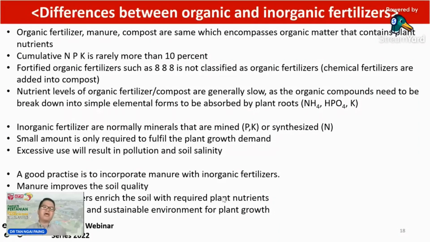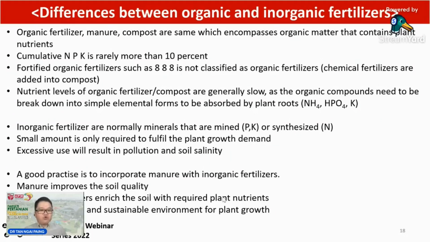If you compare the compost that you put with the inorganic fertilizer that you put, the ratio will be much smaller because they are nutrients, and once they dissolve, they can grow very fast.